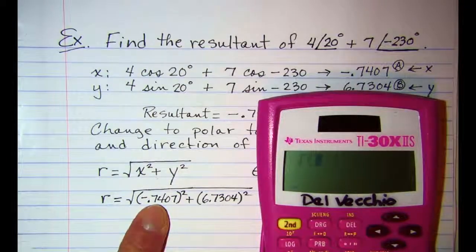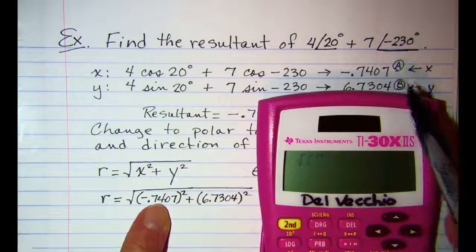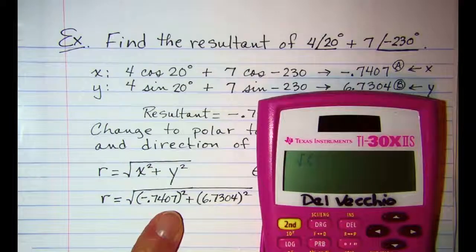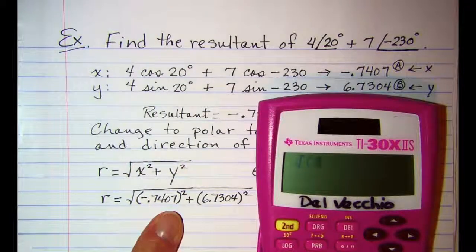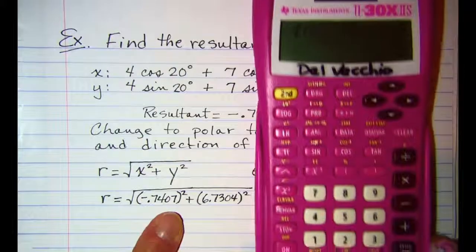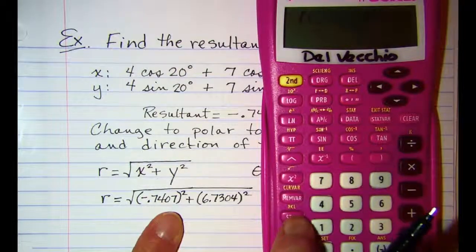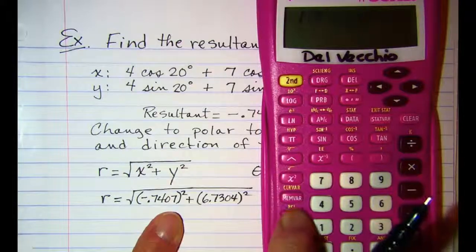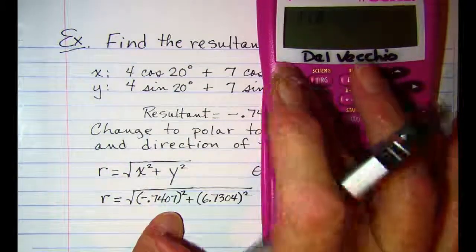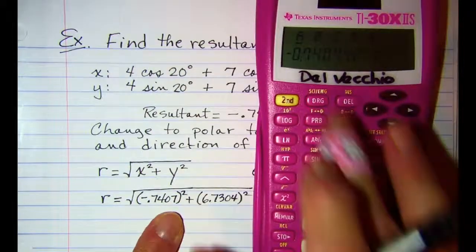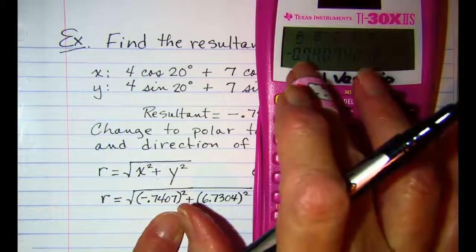Square root of, and I had my x component in memory A, so I'm going to recall A, and I can do that with second recall. So second recall, and then I'll get that here.